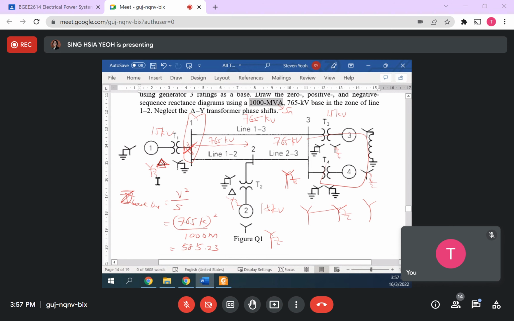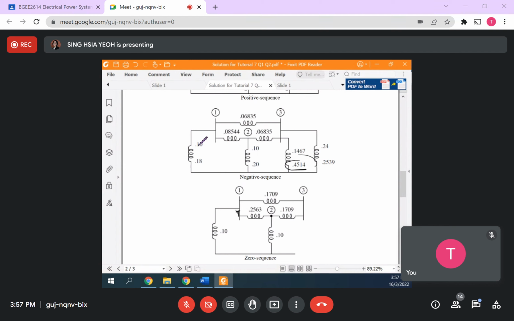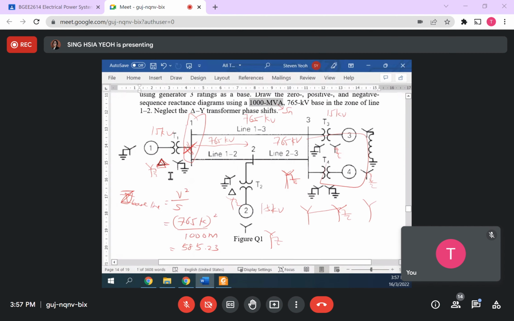If this is delta, then you open here. So that's why you don't have G1 and G2, because it is a delta, so it's straight open already.